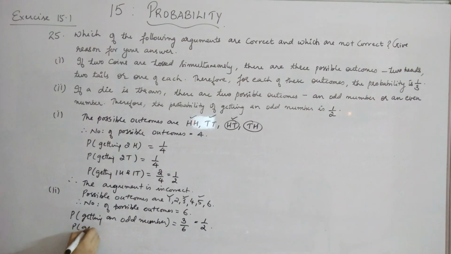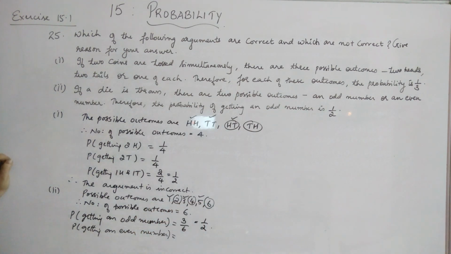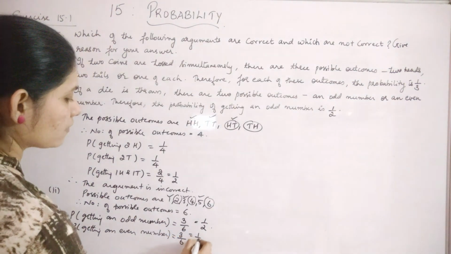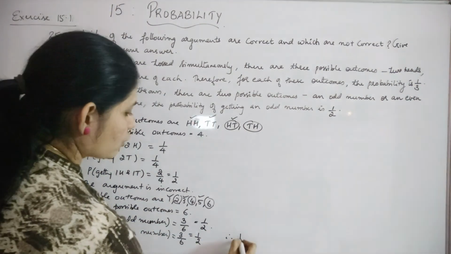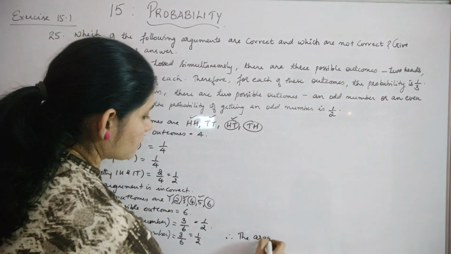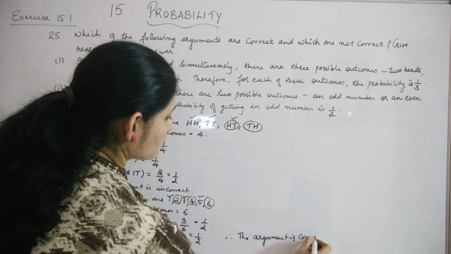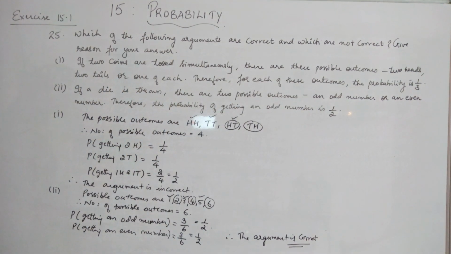And P of getting an even number is, again, you have 2, 4 and 6 as the even numbers, so that is also 3 in number. So 3 by 6, which is again 1 by 2. So the probability of getting an odd number being 1 by 2 is correct. Therefore, the argument in the second case is correct. What they are saying is absolutely right.